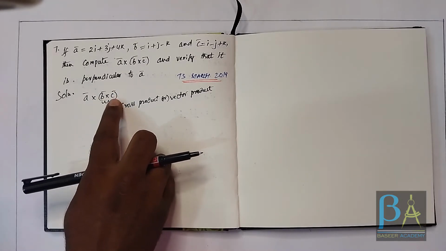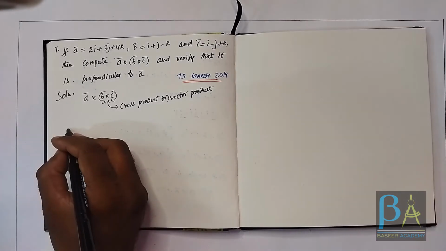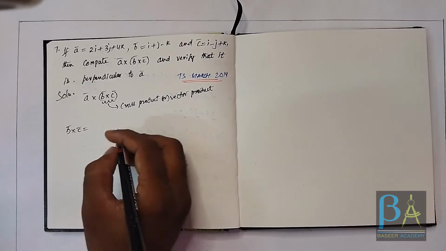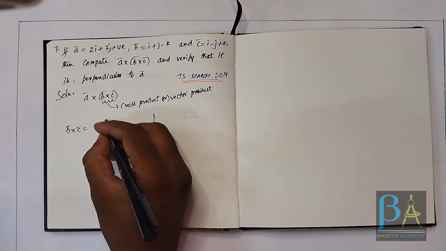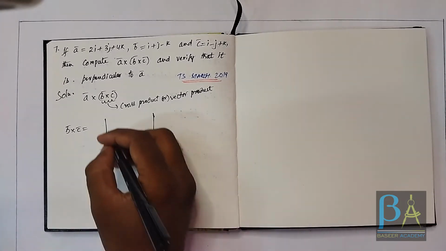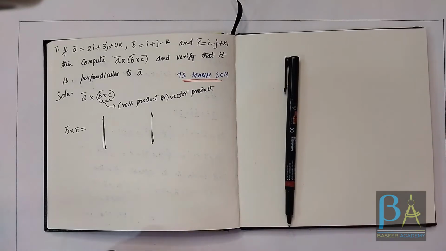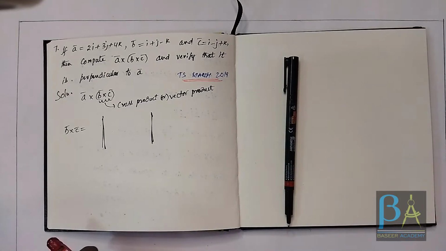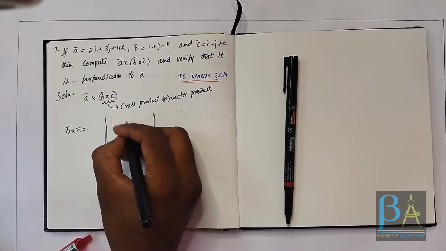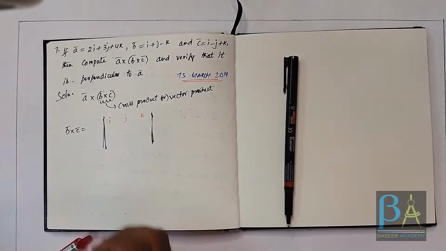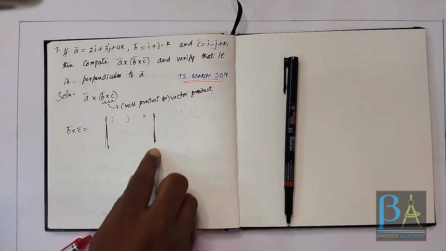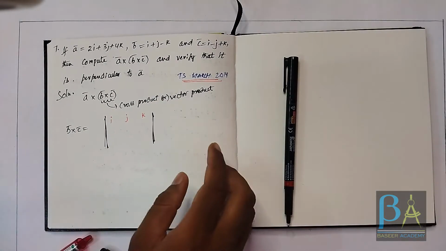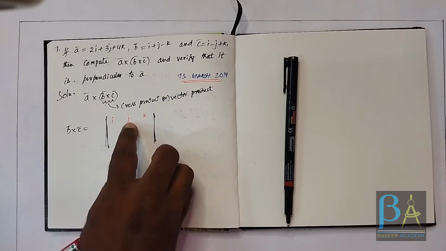Let us first find what's given to us in the parentheses here. So let's first find B cross C. How do you find B cross C? Pretty easy. You just have to keep a determinant sign here, and then in the first row write i, j, k.